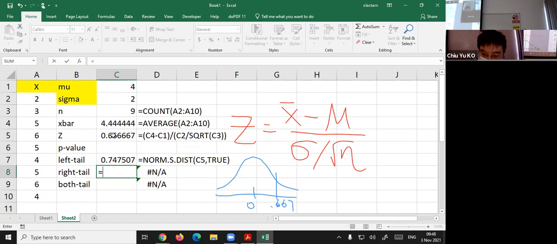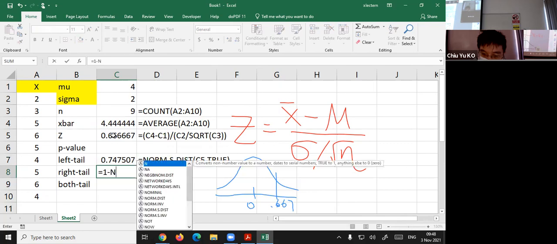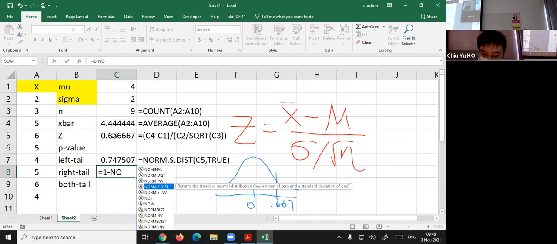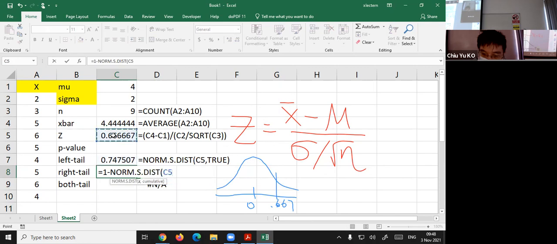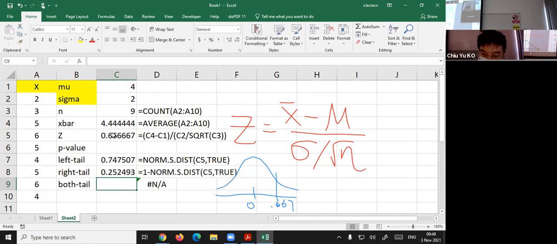And the right tail will be just 1 minus NORM.S.DIST of it. I leave you to do the both tail. You should be able to do it. How do you do 2 tails?